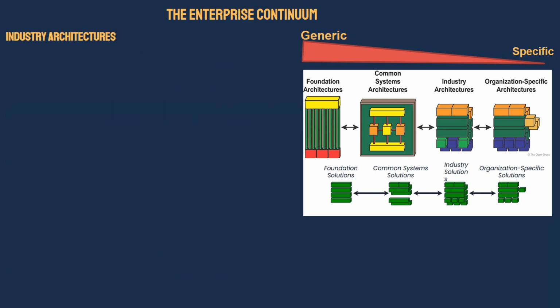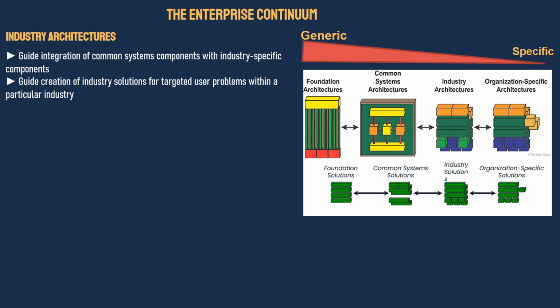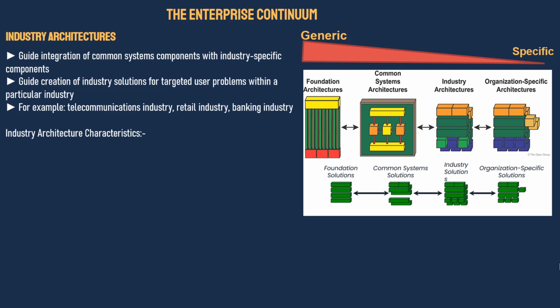Industry architectures guide integration of common systems components with industry-specific components, and guide creation of industry solutions for targeted user problems within a particular industry. For example, telecommunication industry, retail industry, bank industry. Industry architecture characteristics reflect requirements and standards specific to a vertical industry.